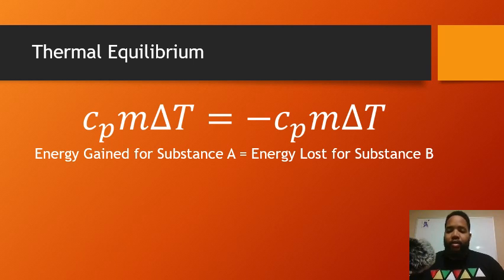If you're the hotter object, your energy is leaving from you to the other object, the cooler object. So the cooler object is the one that is going to be on the left side, energy gain, and the warmer object is going to be on the right side for energy lost.